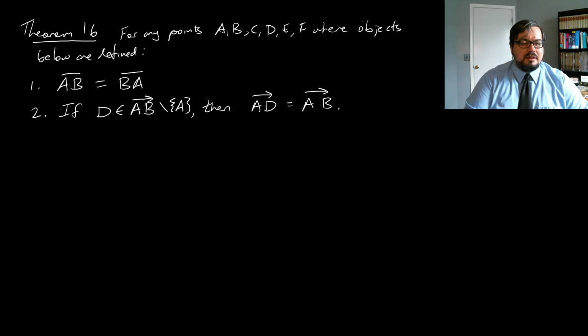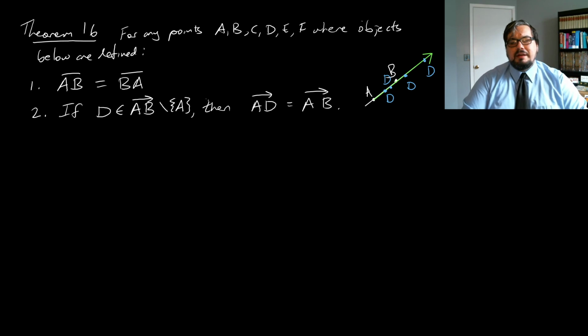So the picture here is that I've got a line and I've got a point A here and I've got a point B here, and I've got some ray that I've constructed. And now if I pick any other point on this ray other than A and construct the ray through that point, it's going to be exactly the same set.